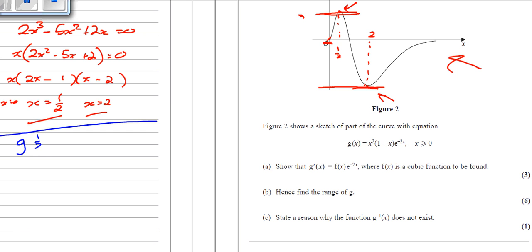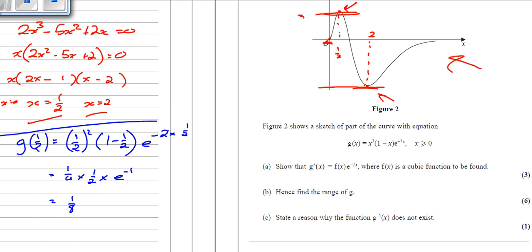So g of 1/2 equals 1/2 squared times 1 minus 1/2, times e to the minus 2 lots of 1/2. If we do that, it's going to be 1/4 times 1/2 times e to the minus 1, which equals 1/8 e to the minus 1, or 1 over 8e.